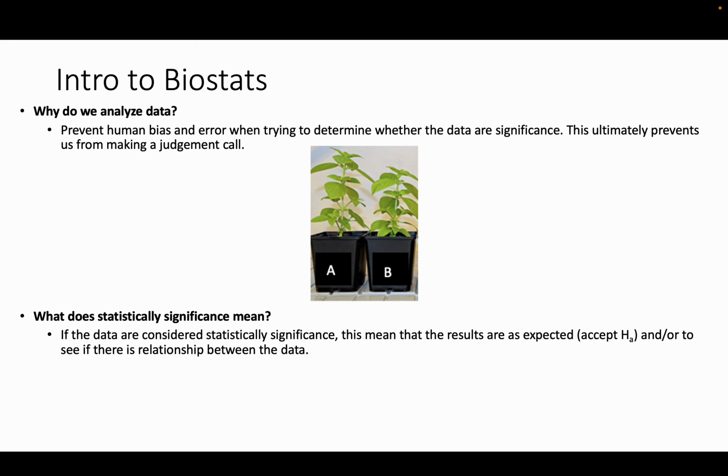So your data are significant if after you perform the statistical analysis test you get a significant p-value. That tells you that the difference that you see between the two treatment groups is really due to something in the fertilizer and that it's not happening by random chance. That is what statistical significance means.